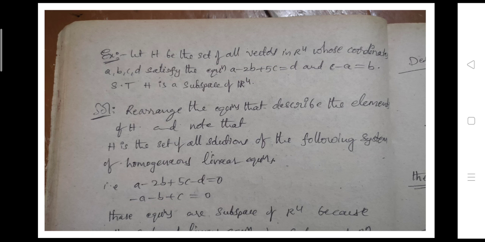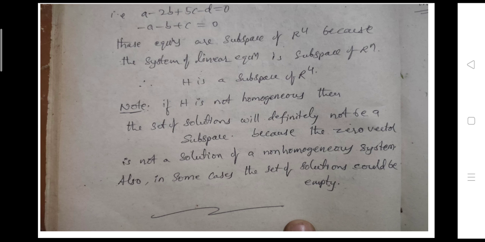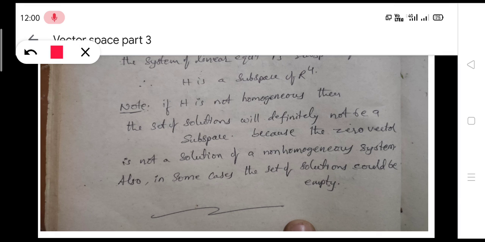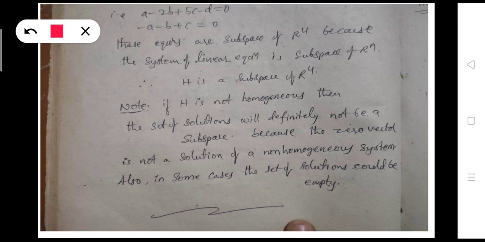Because the set of all solutions of homogeneous equations must be a subspace of Rn. We have already proved this. By using that statement, these equations are also homogeneous equations.